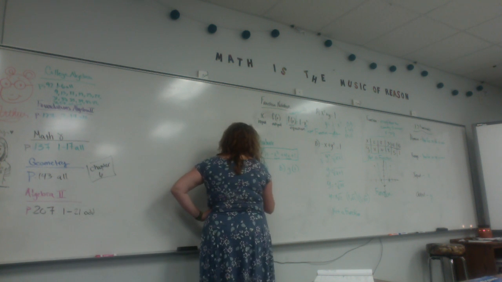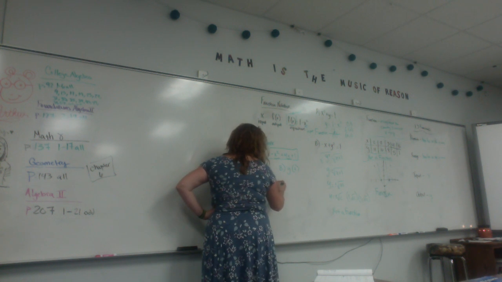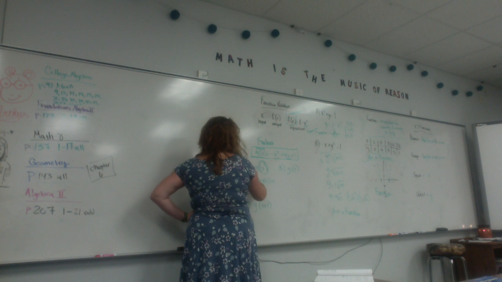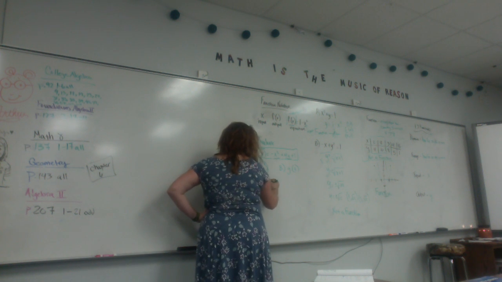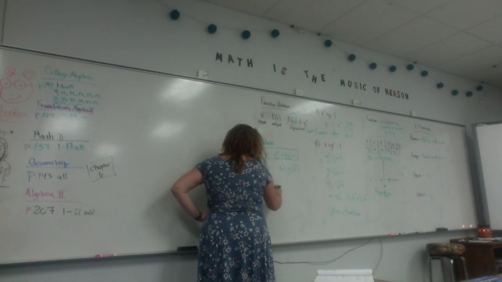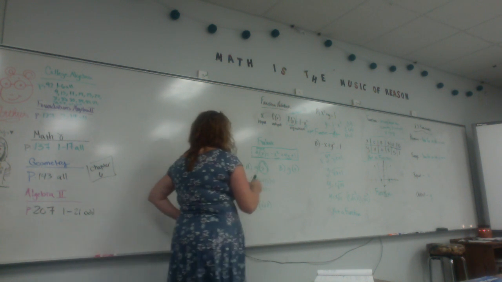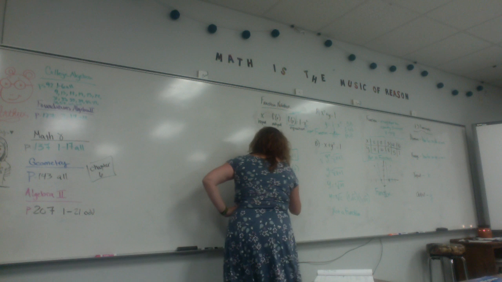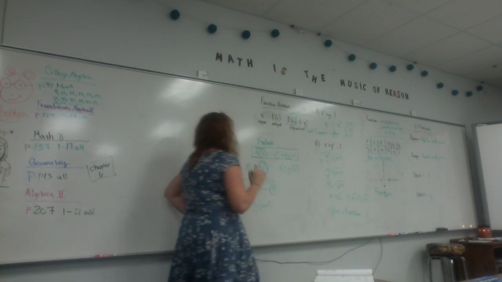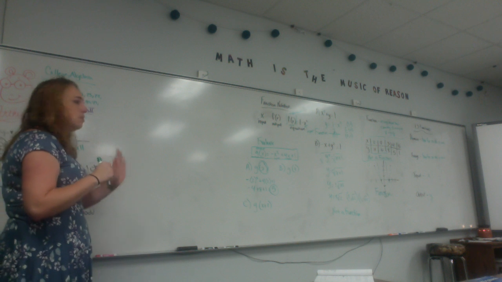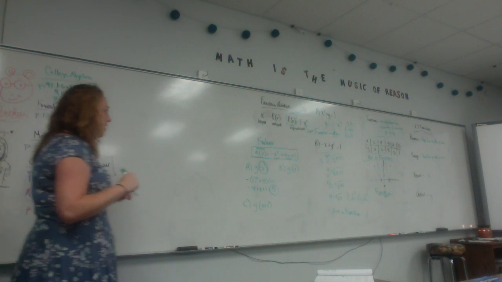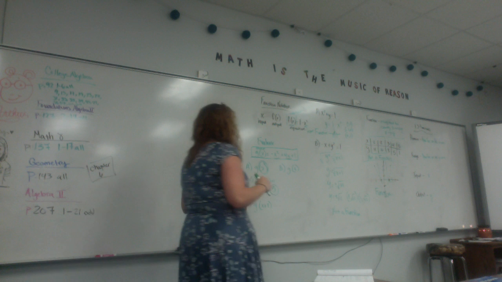So that says negative 2 squared plus 4 times 2 plus 1. 2 squared is 4. 4 times negative 1 is negative 4. Plus 8 plus 1. So I have 9 minus 4, which gives me 5. So my answer when I evaluate g of 2 is 5. My output is 5.